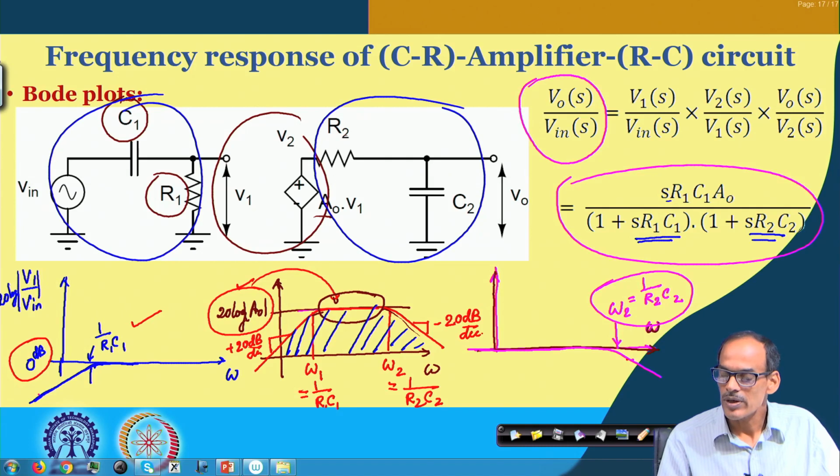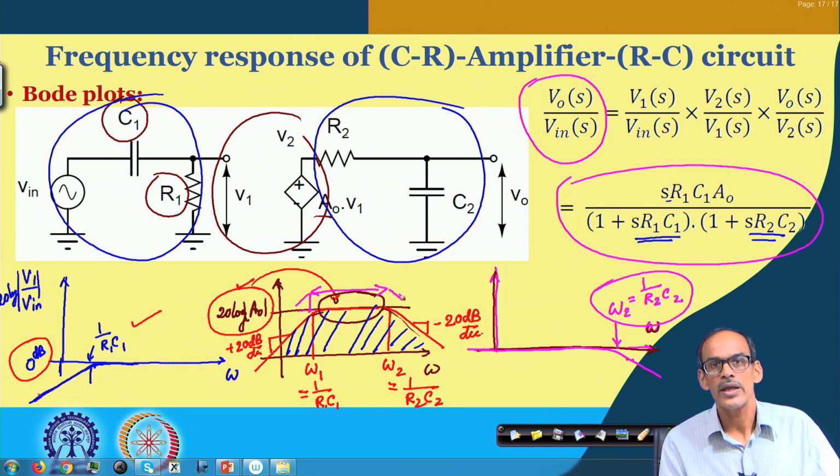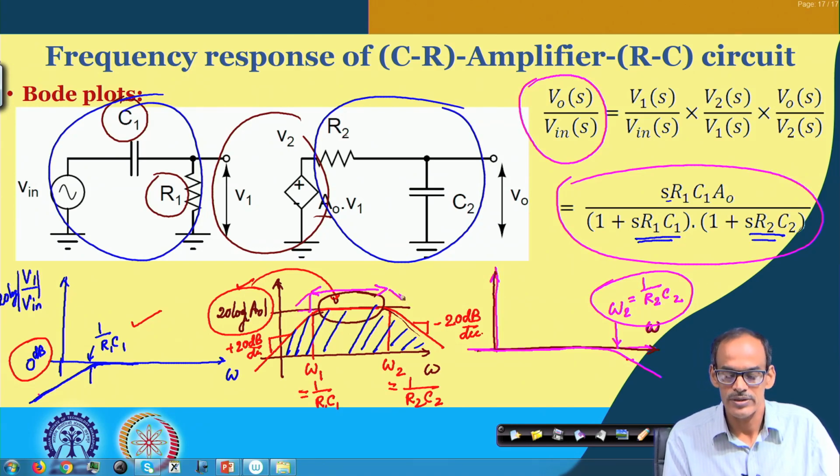Since our main purpose here is to use this circuit as an amplifier, we can say that this is the suitable range of the amplifier, and if you go beyond this point, the gain is dropping, so we are not interested in that. Likewise, if you go beyond this point, again the gain is dropping, so we are not interested in that.